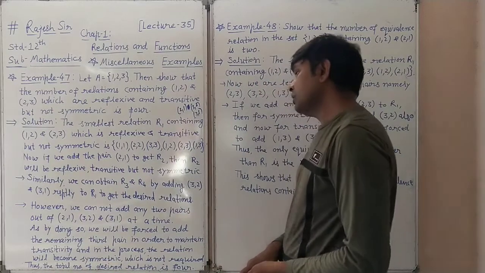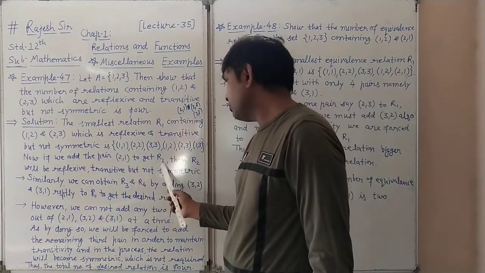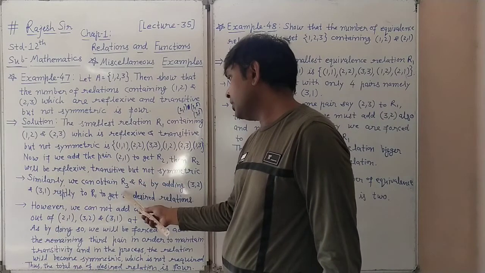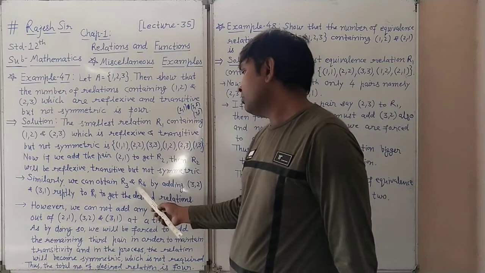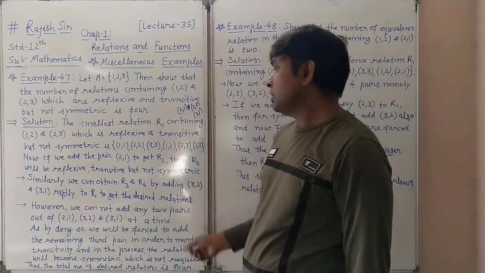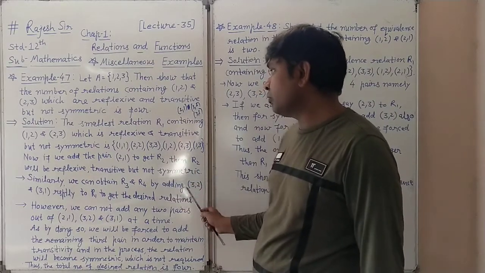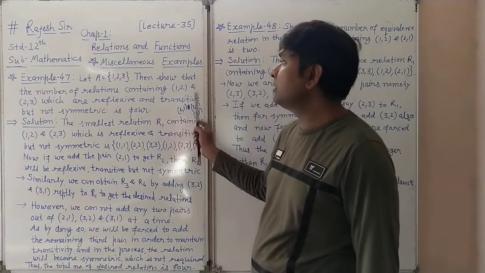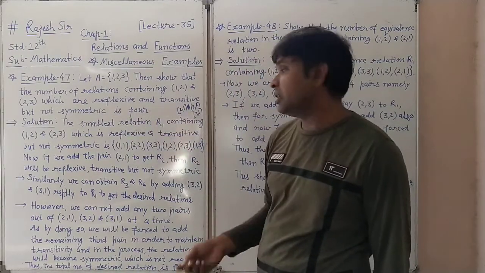This way we have R1, and we get R2 by adding only one pair (2, 1), R3 by adding (3, 2) to R1, and R4 by adding (3, 1) to R1. This way 4 relations R1, R2, R3 and R4 satisfy the given condition that it will be reflexive, transitive, but not symmetric.